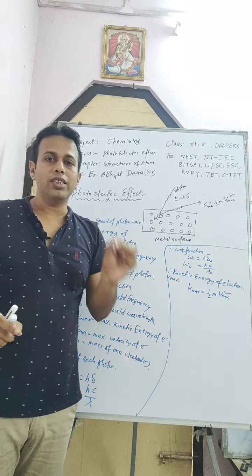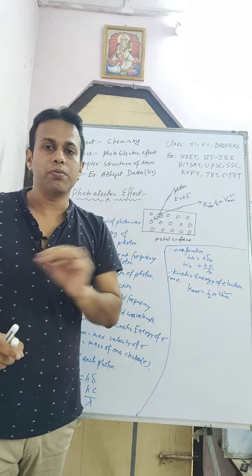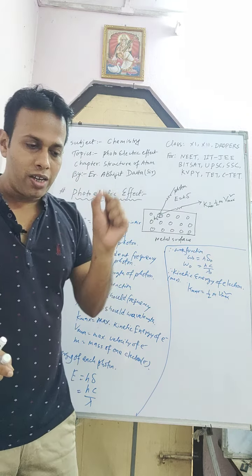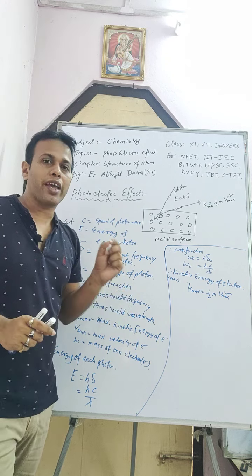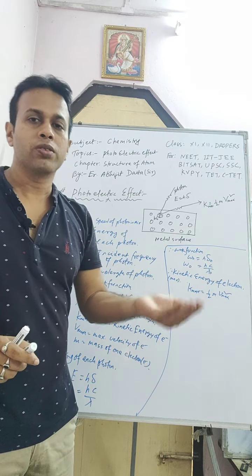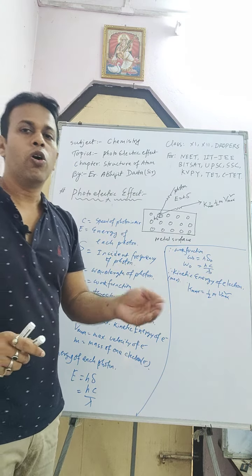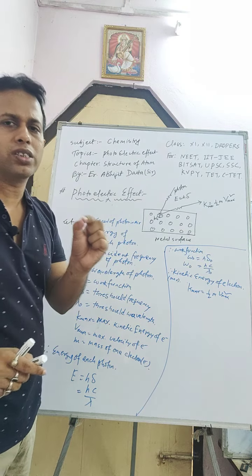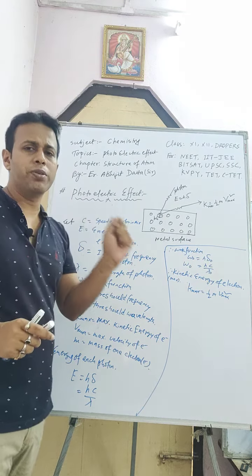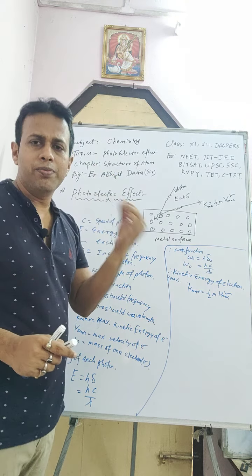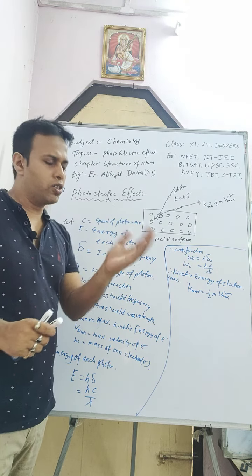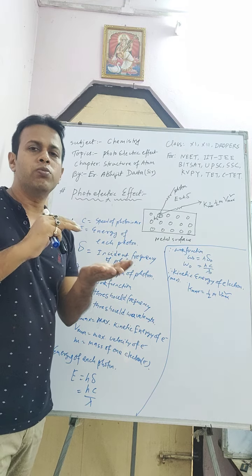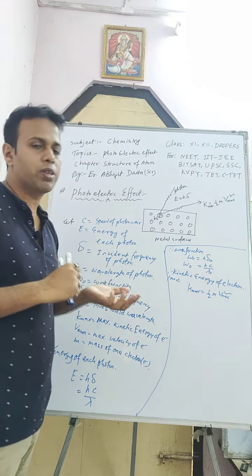Work function is the minimum amount of energy by which an electron tends to move from the metal surface. When you give this energy to an electron, it tends to escape from the metal surface.